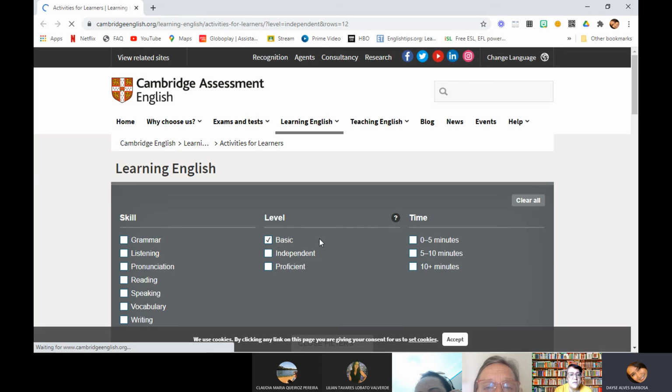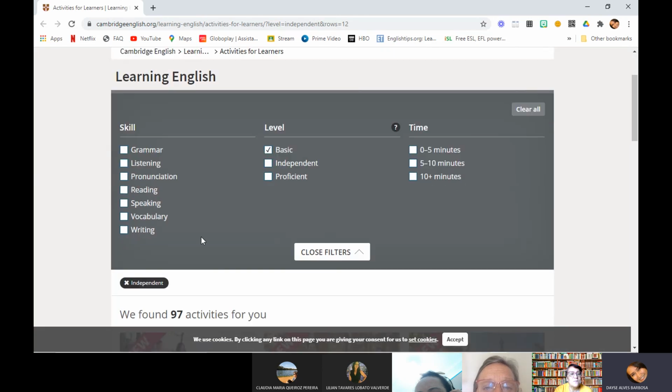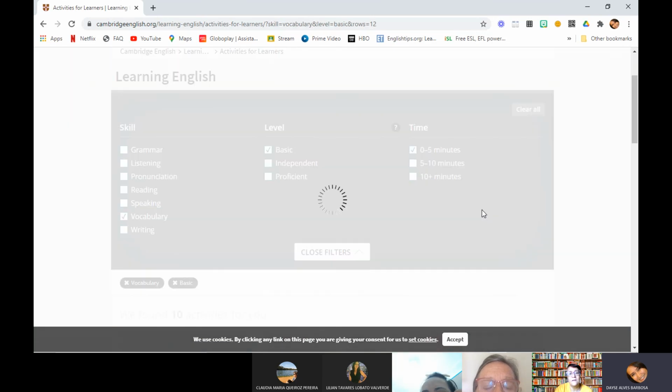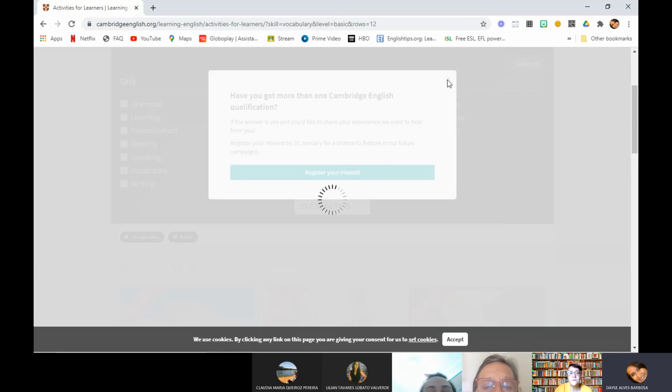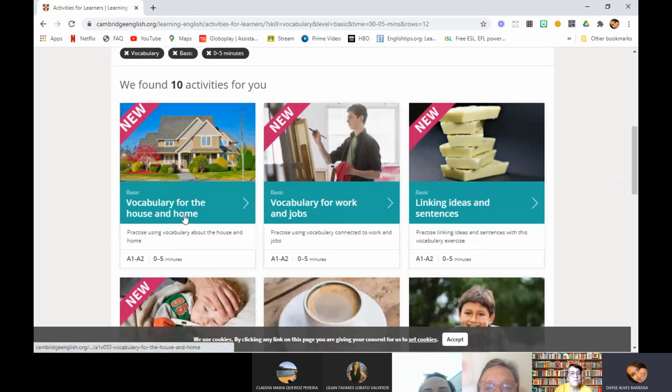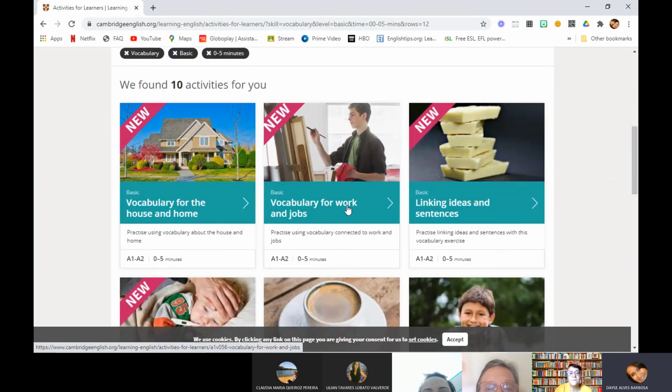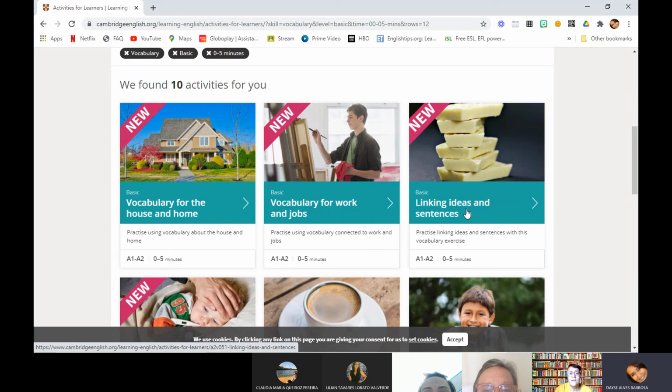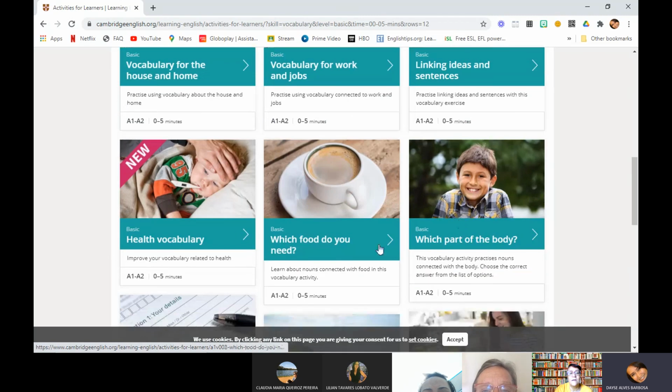Basic, just click basic here, and let's say that you want vocabulary, a short one, because we know that the little ones have a very short attention span. And then we have here vocabulary for the house and home, vocabulary for work and jobs, linking ideas and sentences, which part of the body.